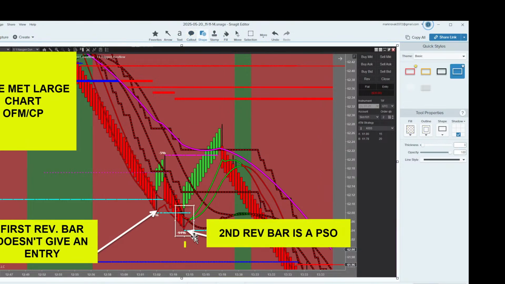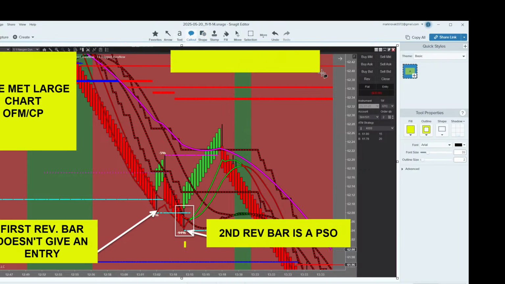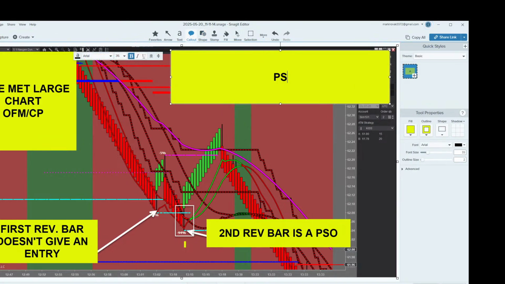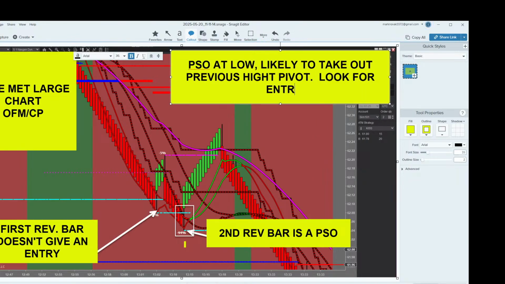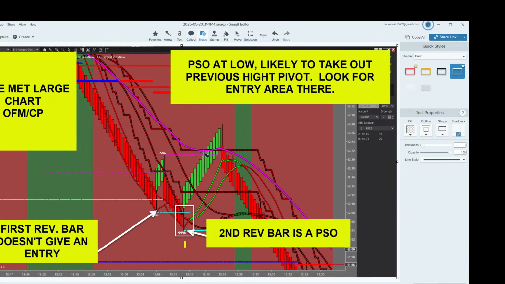This is a good pattern. PSO at low, likely to take out previous high pivot. Look for entry area there. And this is your previous high pivot, and there's a mid band sitting right there inside. Does that make sense, you guys?